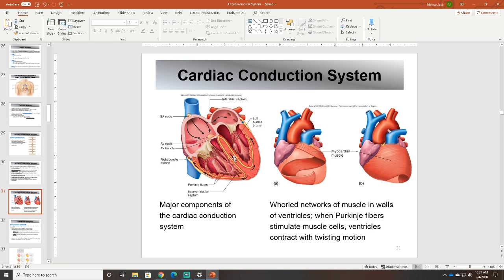All right, and then from there, the bundle branches come down toward the apex and then curve back up the wall of the heart. And then branching off of the bundle branches are the Purkinje fibers, okay, which are going to continue the signal, all right, out to the cardiomyocytes.